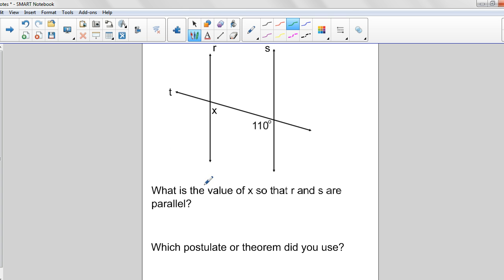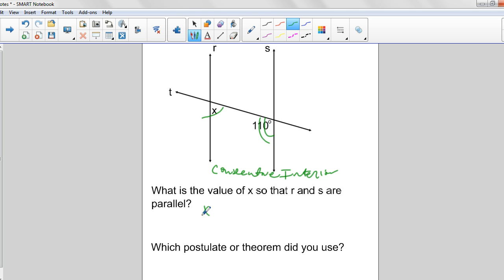Same idea. What is the value of x so that R and S are parallel? Well, this angle and this angle right here are called, hopefully you know, the consecutive interior angles. For consecutive interior, they have to be supplementary.